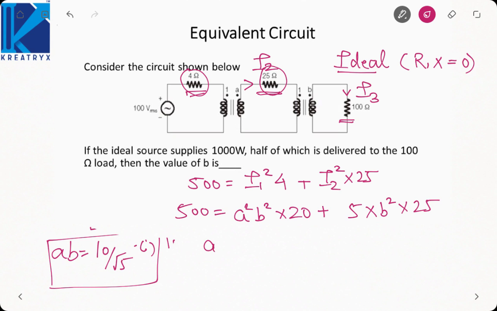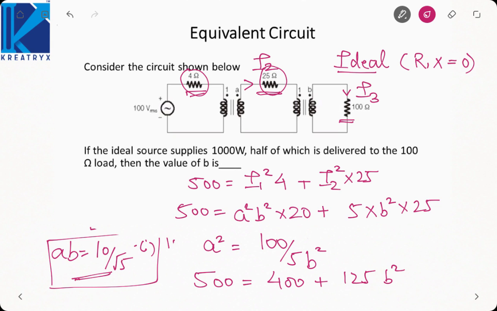Now I can keep A square as 100 by 5 B square. I am writing this from the earlier equation. So 500 will be 400 plus 125 B square, which means B square is 100 by 125, that is 4 by 5, which means B is 2 by root 5. So that is how you can calculate B.